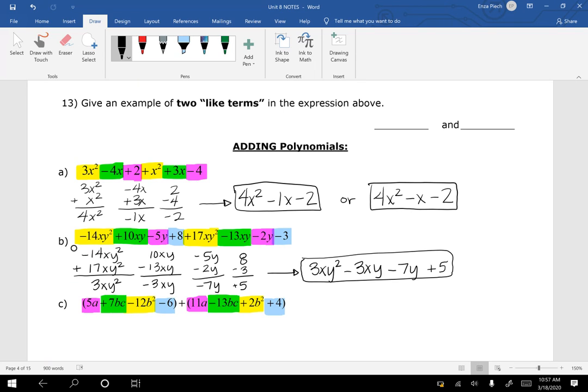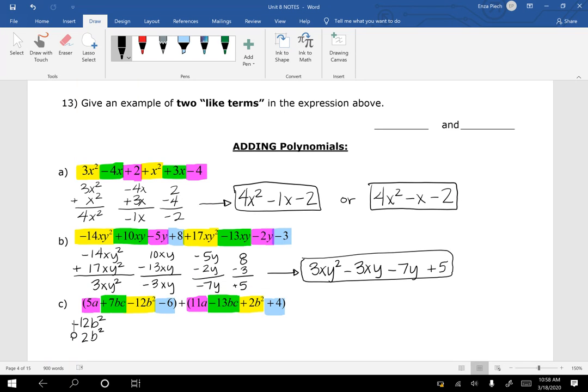For letter C, we now have our yellow values are going to go first because they have the greatest power. So we have negative 12b squared plus 2b squared.